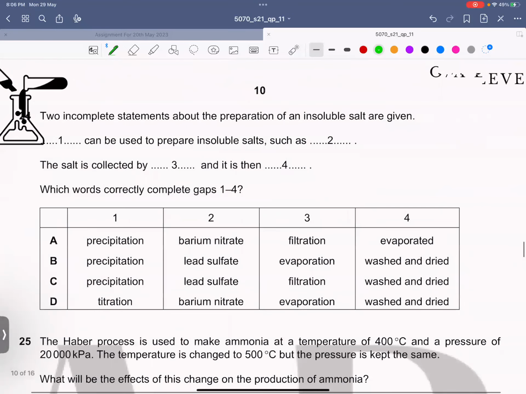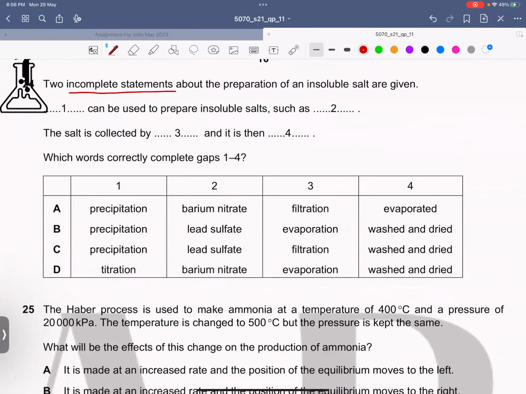Now, question number 24. Two incomplete statements about the preparation of an insoluble salt are given. Dash can be used to prepare insoluble salts such as, okay, dash is a method. To prepare an insoluble salt, we use the precipitation method. So D goes wrong. Such as barium nitrate. If you recall, all nitrates are water soluble. So this makes option A wrong.